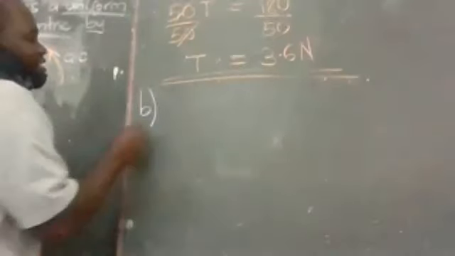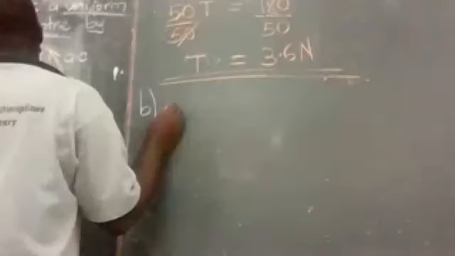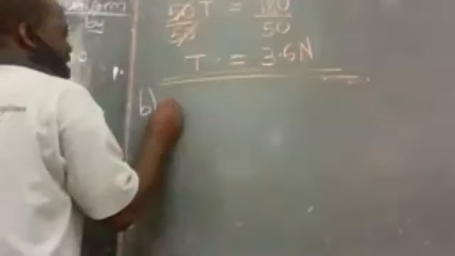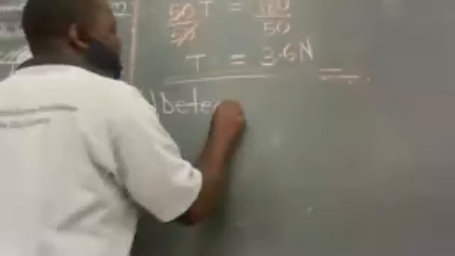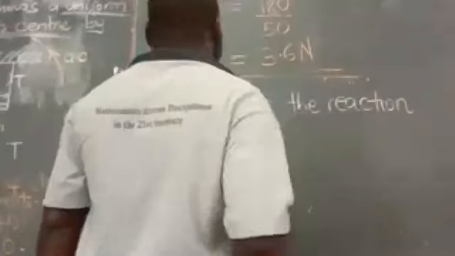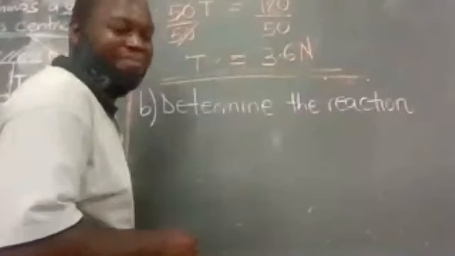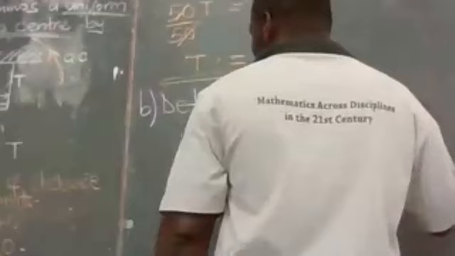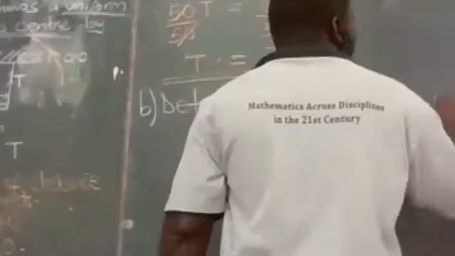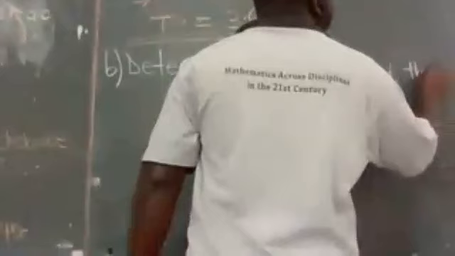Put it as part B. Part B says: determine the reaction at the pivot.